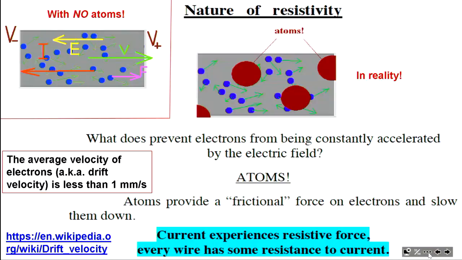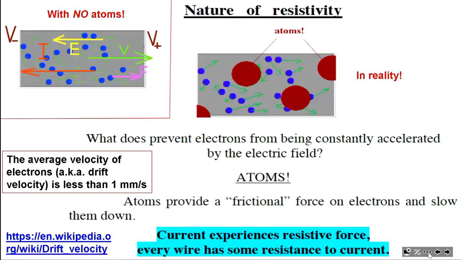The nucleus is much heavier than an electron, so every electron collides with a heavy nucleus and gets bounced back. Then the electric field picks it up again, starts speeding it up, but then it collides again, bounces back. So that's why the drift velocity is actually very slow.